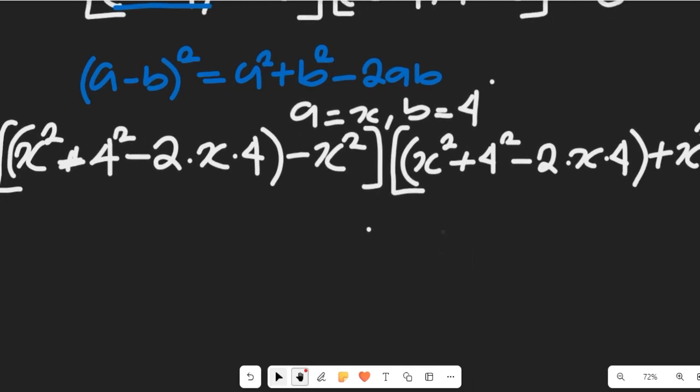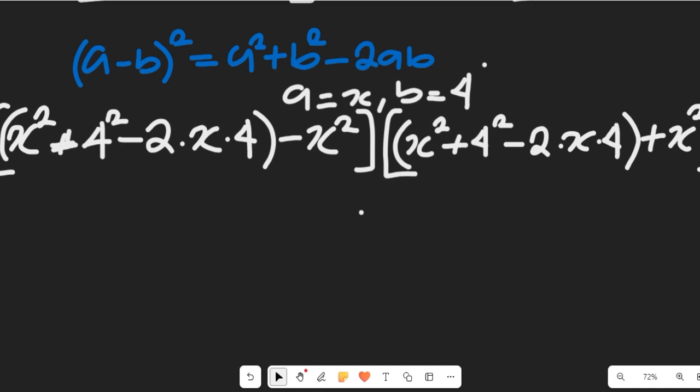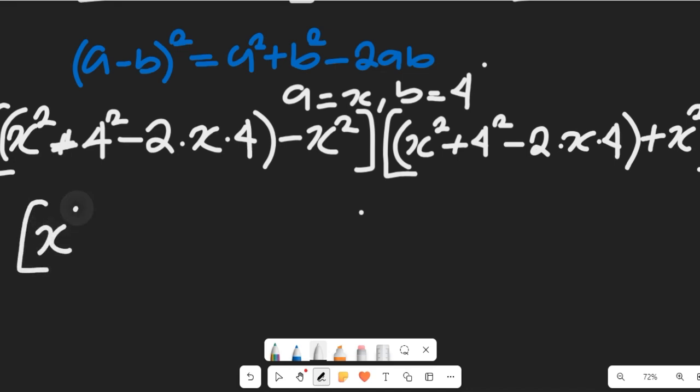Great. Now we're going to expand that expression. It's a large one indeed. So if we expand that expression, we'll have x squared plus 16, 4 squared will give us 16, minus 8x, right?